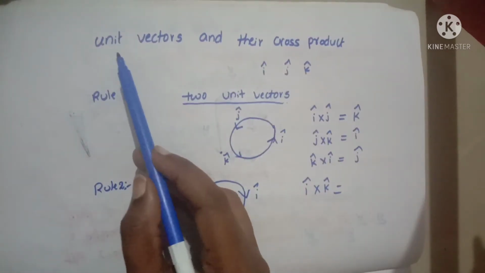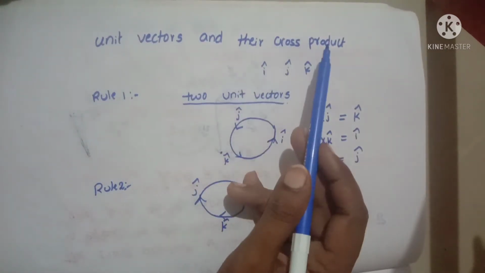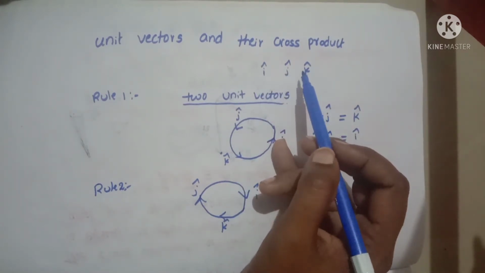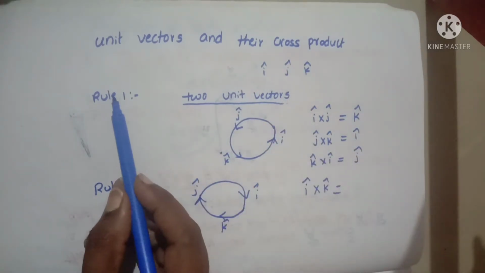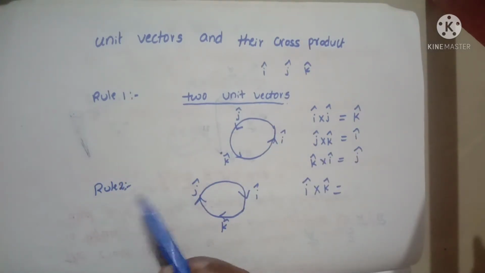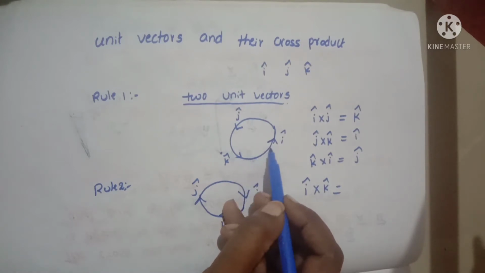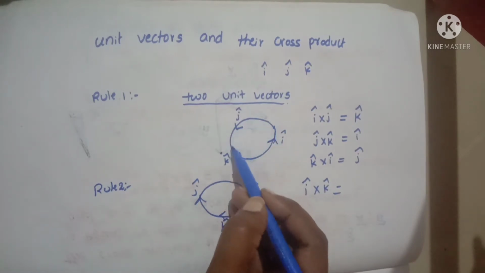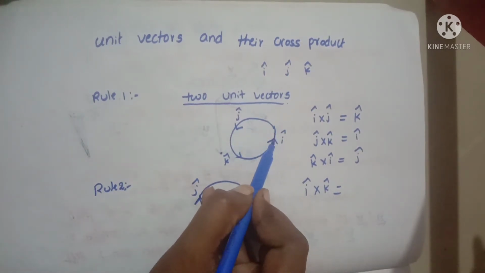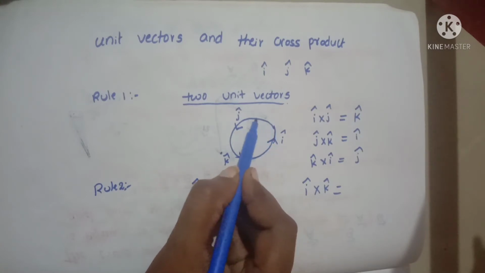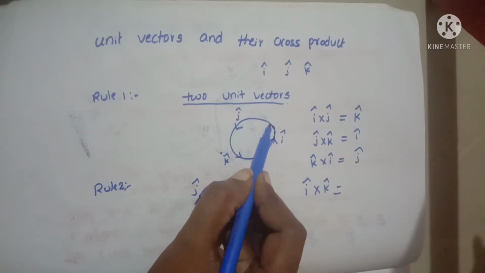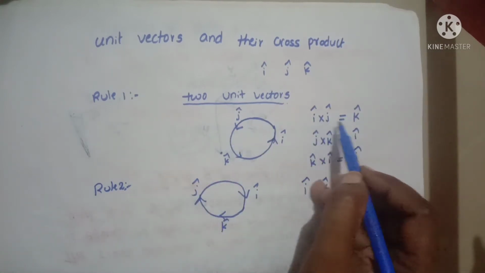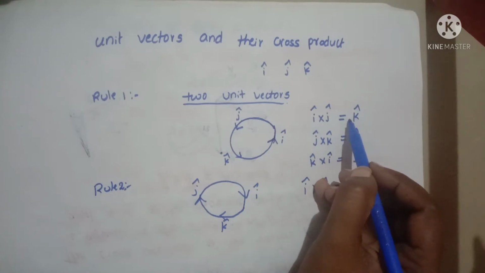Here see the unit vectors and their cross products. You know the unit vectors i, j, k. Here two rules are there, first rule and second rule. What is the first rule? When these unit vectors are in anti-clockwise direction, when any two vectors are multiplied, suppose i after j, when i and j are multiplied, it gives the third vector with positive sign.